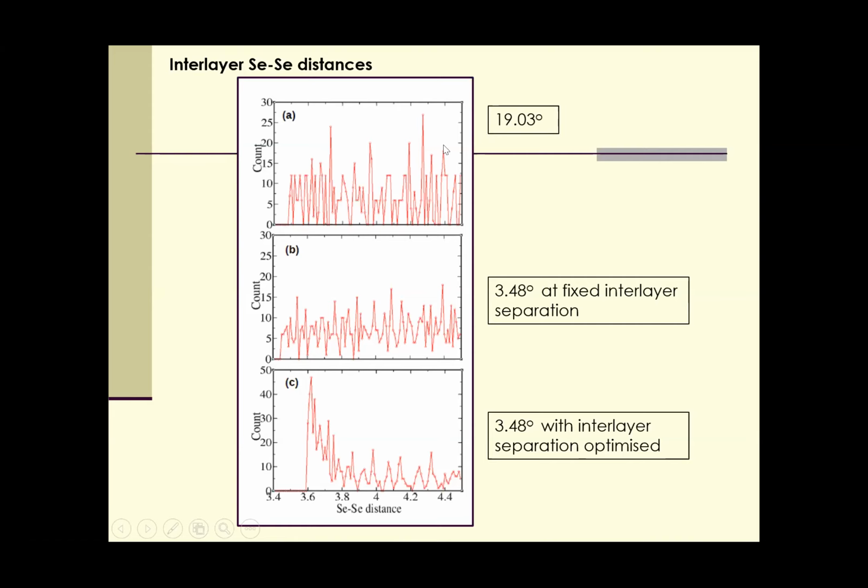What's plotted here is how many selenium-selenium distances there are, only for the interlayer ones. And you can see there doesn't seem to be too much difference between the three cases we have here. So we decided to examine the real space distribution of these distances.